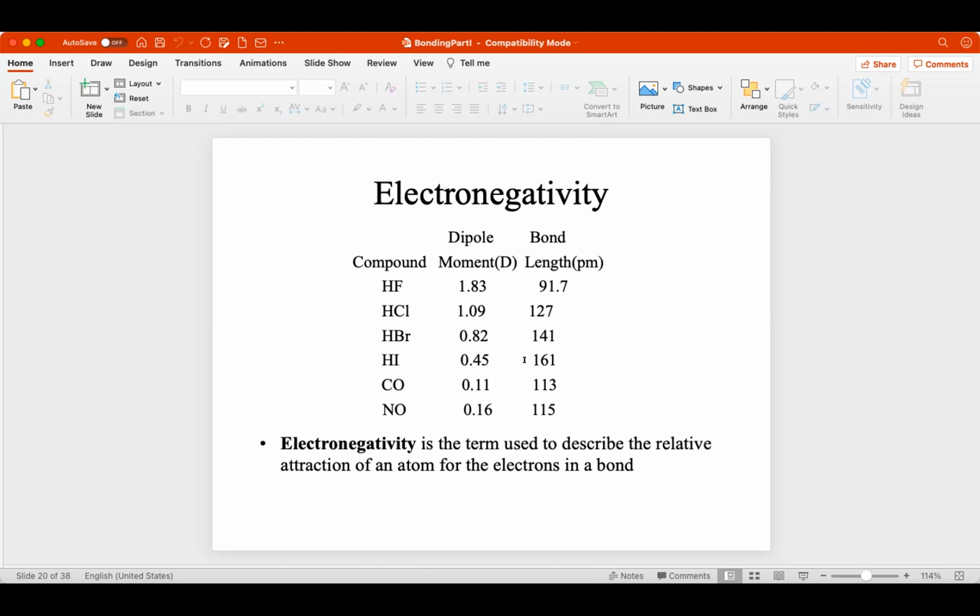It is the difference in dipole moment, which is actually the difference between the electronegativity values of the elements. For example, this one: 1.83 is the difference of electronegativity between H and F.